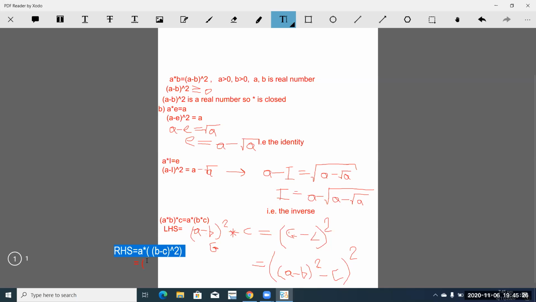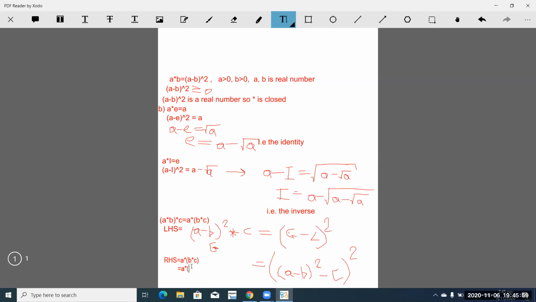All right? So let me put back the right-hand side. The right-hand side we say is A star, B star C. So that is just working out to be A star.